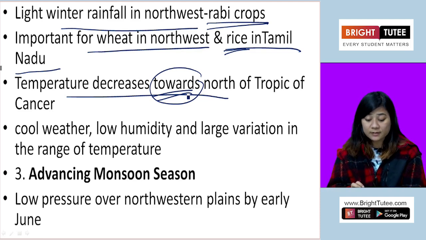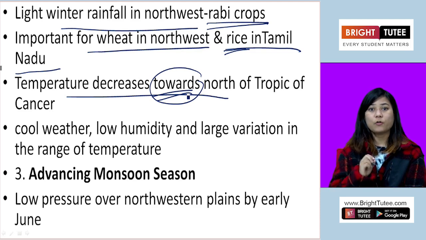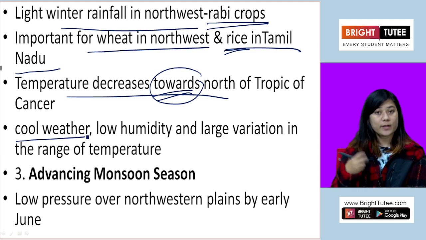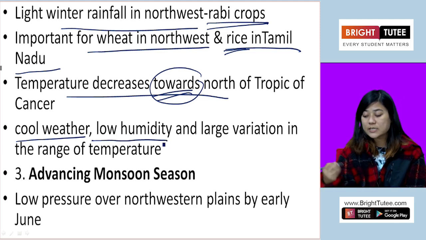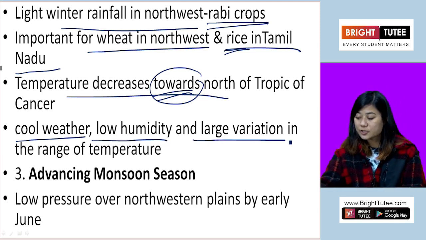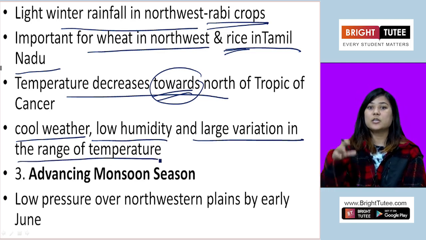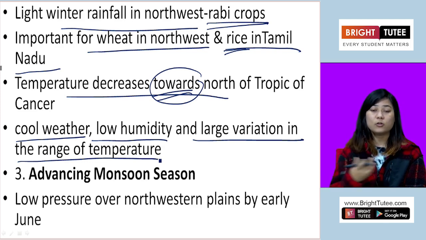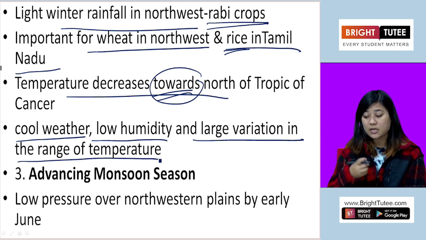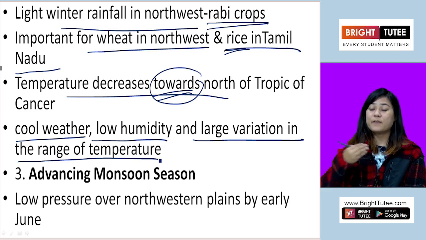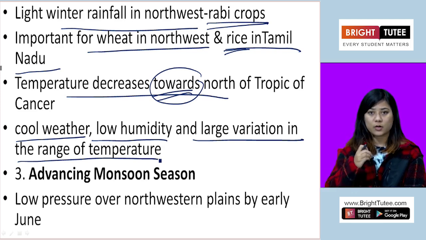Some of the key features of the weather condition are that during this time the weather is cool, the humidity is low, and there is a large variation in the range of temperature. That means the temperature is not the same in all the states, in all the regions. It varies, and the variation is not small, it's large.